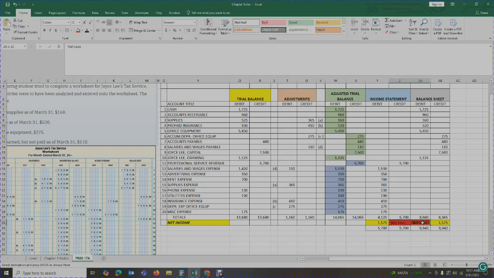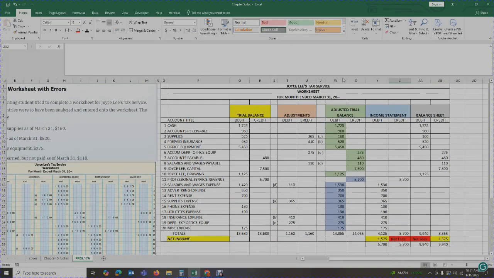Okay, if your difference or your plug was in the inner amounts, the credit for the income statement and a debit for the balance sheet, then that means you would have a net loss instead of a net income. If the numbers are on the outside, the debit for the income statement and the credit for the balance sheet, then you have income. Okay.